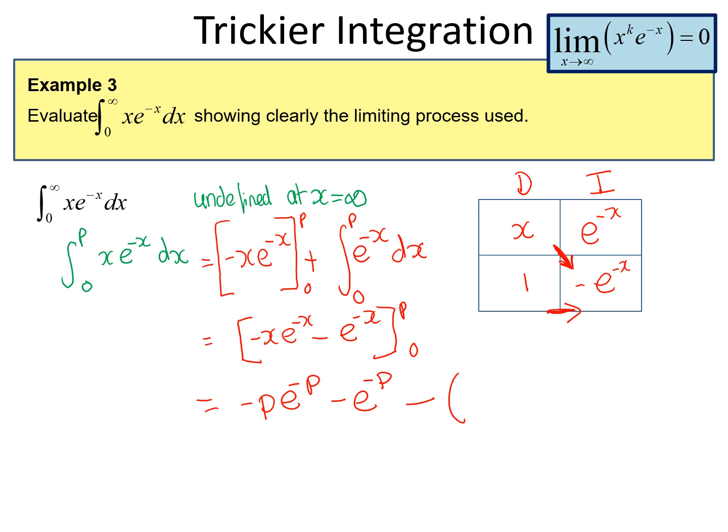And that just gives me 0, take away 1. Take away 1 will give me plus 1.